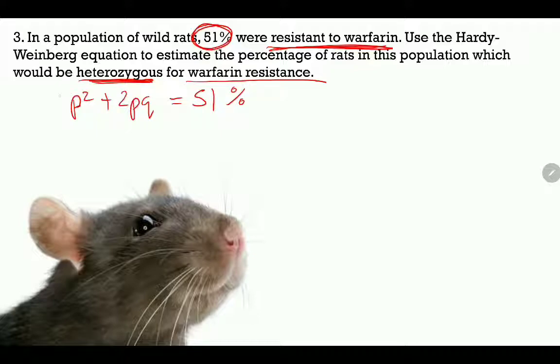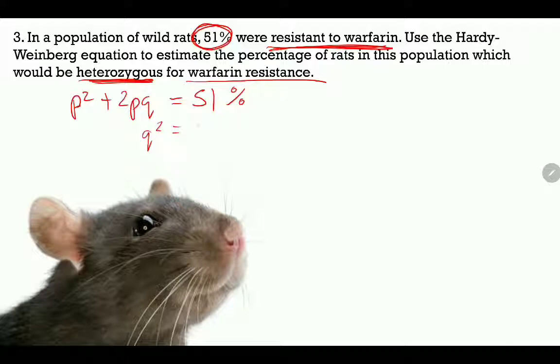So we need to think about how we can figure out what P and Q actually are. We can't rearrange this formula to find either of them, but remember our equation, we're missing our Q squared here. We know that Q squared will be the remainder of this equation.